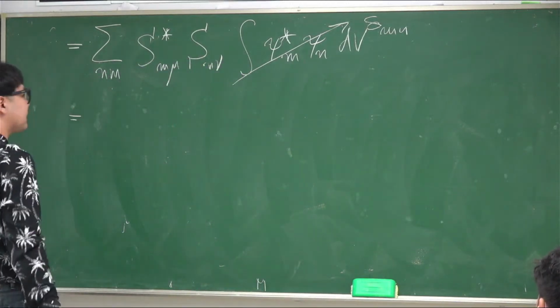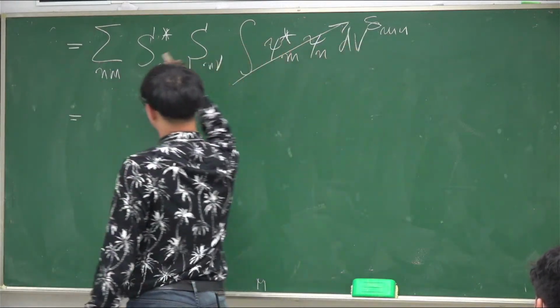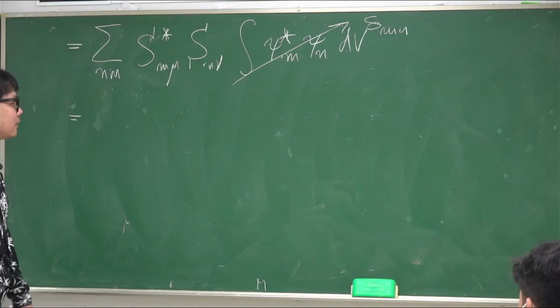So it means that at the end, this delta function will get rid of one of the summations, right?